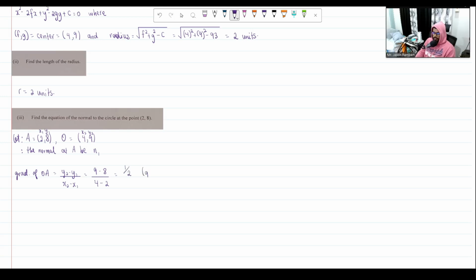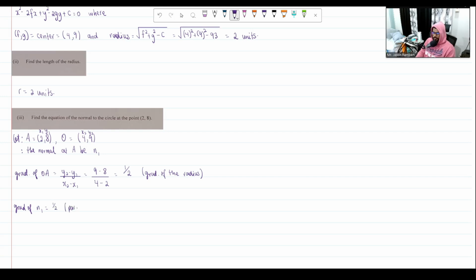And I put in brackets, this is the gradient of the radius. I can now say the gradient of n1 is equal to a half, and you're telling them why.